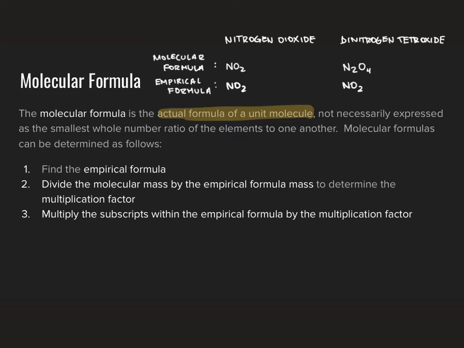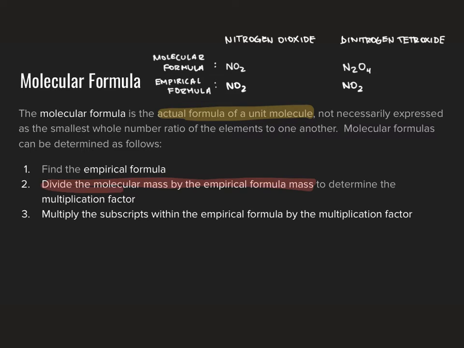So in order to determine the actual molecular formula, we need one additional piece of information. After we've gone through and found the empirical formula, the next step is to calculate what's referred to as the empirical formula mass. That is the mass of 1 mole of that empirical formula unit. And we're then going to compare that empirical formula mass to the molecular mass, simply dividing the molecular mass by the empirical formula mass.